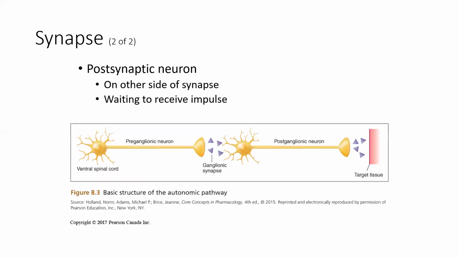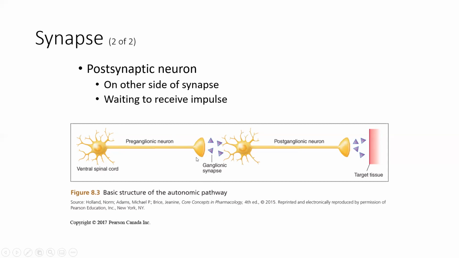Now look at this picture. This is a ganglionic synapse. It looks like a long thing. This is a cell which is called a neuron. This is a brain cell. We have millions of neurons in our brain. They are our information centers. On one side, you can see finger-like projections, and on the other side, it's normal.